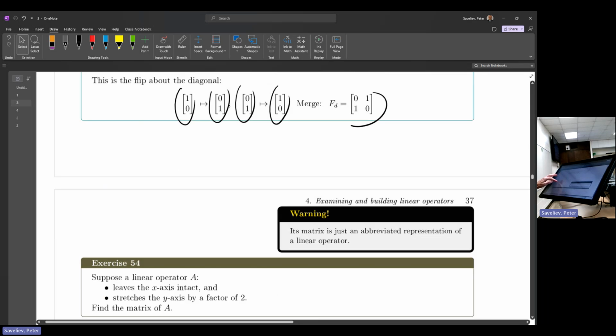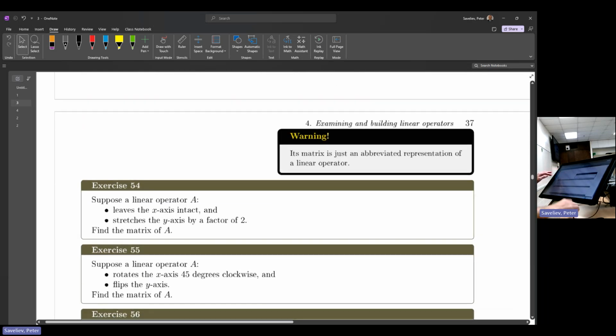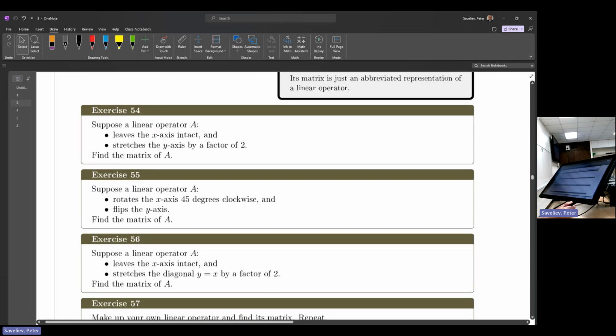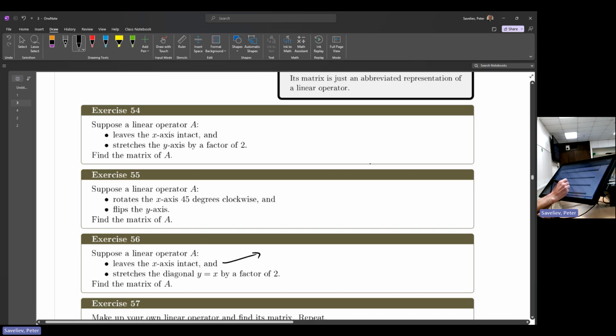Okay, so exercises. Literally just take the description, and let's take this 56. So the linear operator leaves the x-axis intact. Okay, what does that mean? It means that 1, 0 goes to 1, 0.